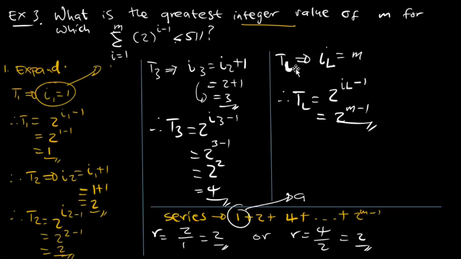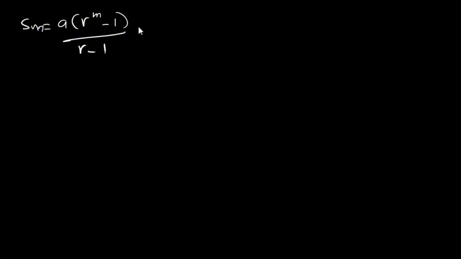Now, the question says, what is the greatest integer value of m for which this is less than 511. Okay.